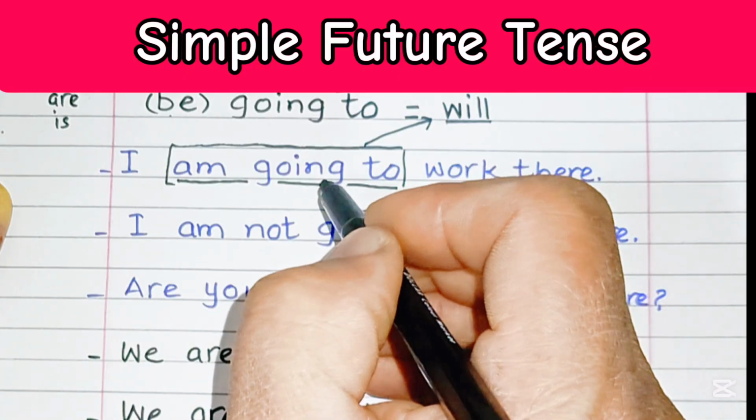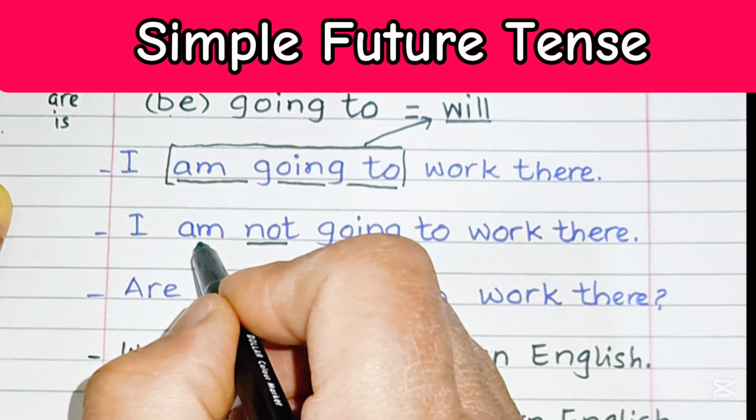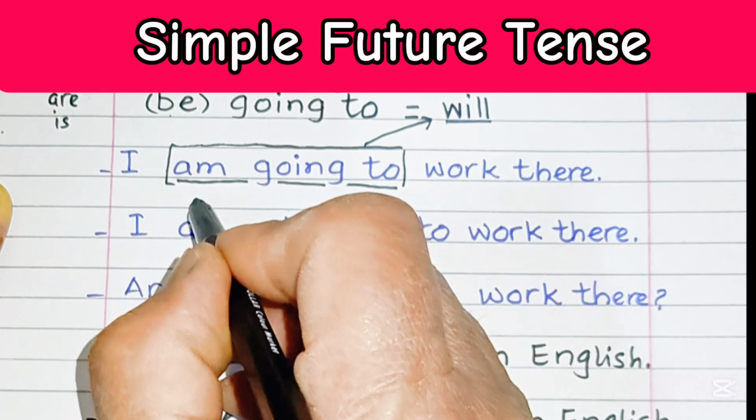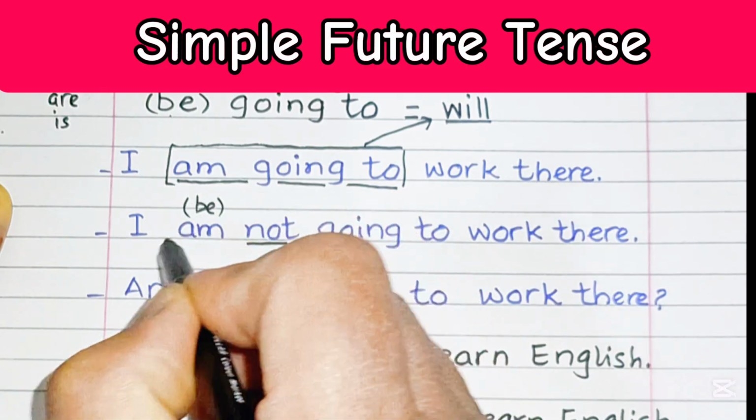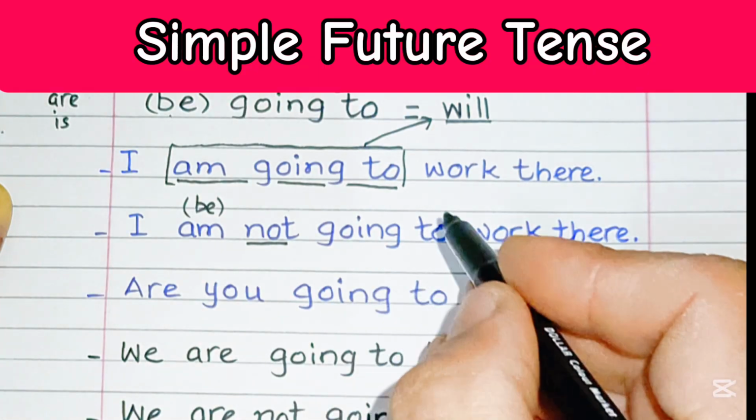To make it negative, just put not after am, after the verb be. I am not going to work there.